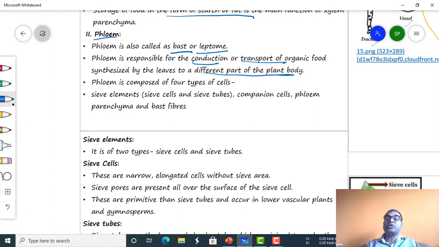So phloem is responsible for conduction of organic food, the end product of photosynthesis, to different parts of the plant body.